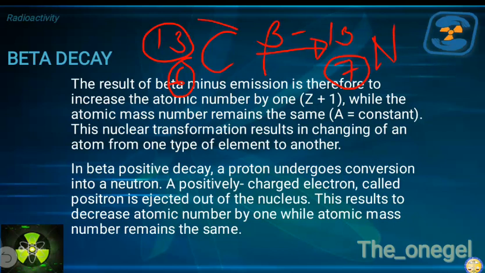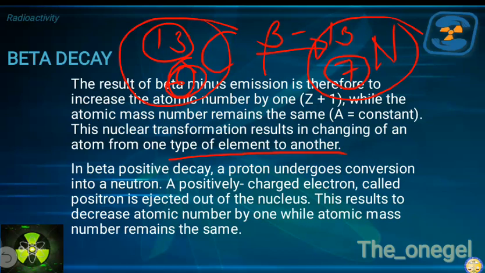This is the parent nuclide. This is now the daughter nuclide. So, it changes from one type of element into another. Again, nag-add tayo ng 1 in the atomic number but the atomic mass number remains the same. Tingnan naman natin sa beta positive decay.